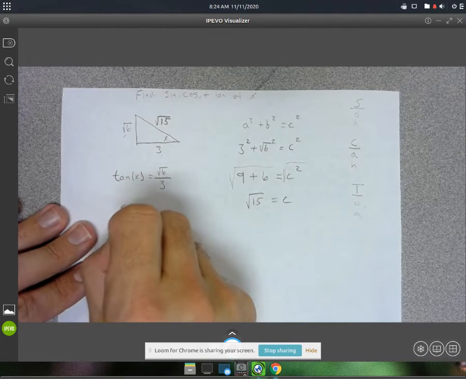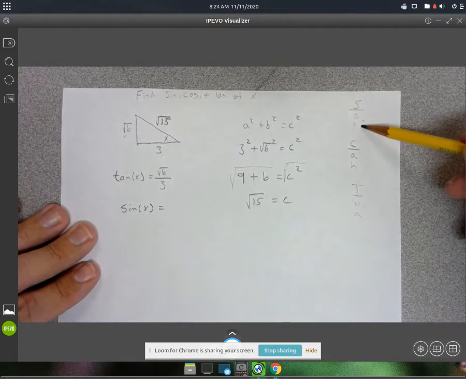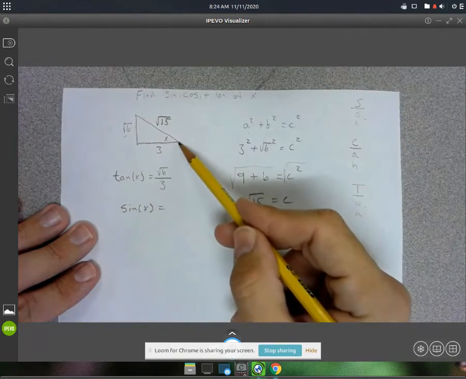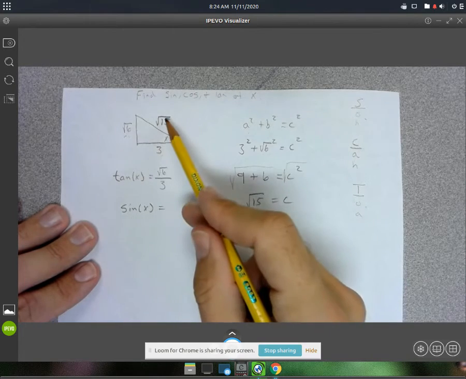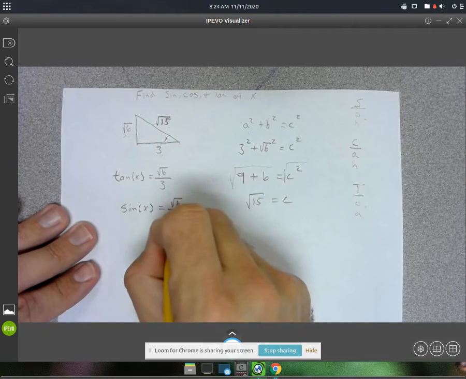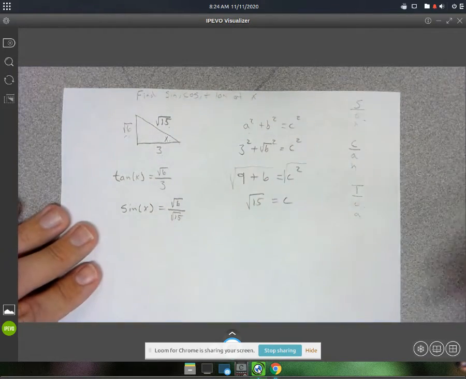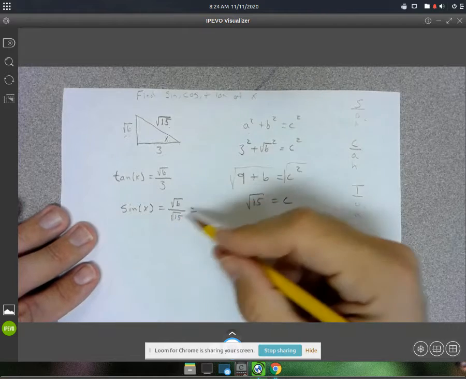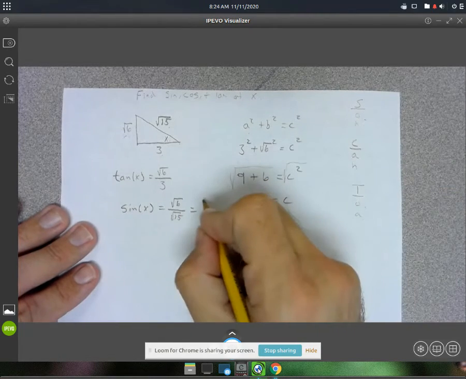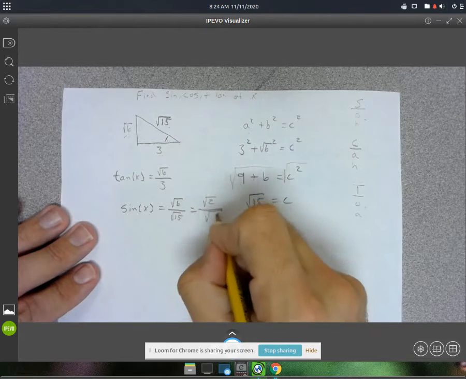Sine of x is going to be opposite over hypotenuse, which in this case is square root of 6 over the square root of 15. I can go ahead and simplify this a little. You can divide them both by 3, so you get root 2 over root 5.